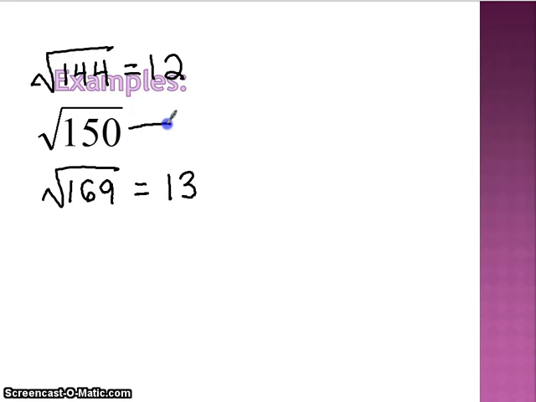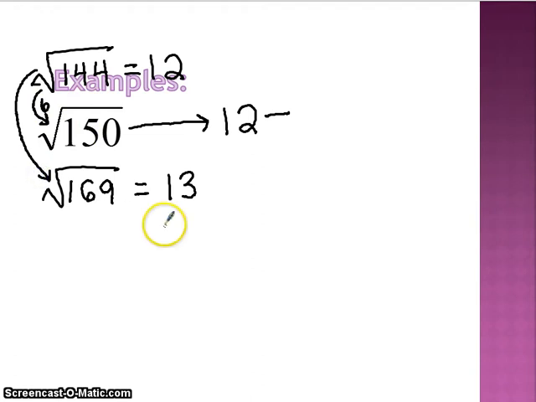So that means that 150 must be 12 point something. We're going to write a fraction. How many more is 150 than 144? It's 6 more. How many more would it need to get to 169? 25.